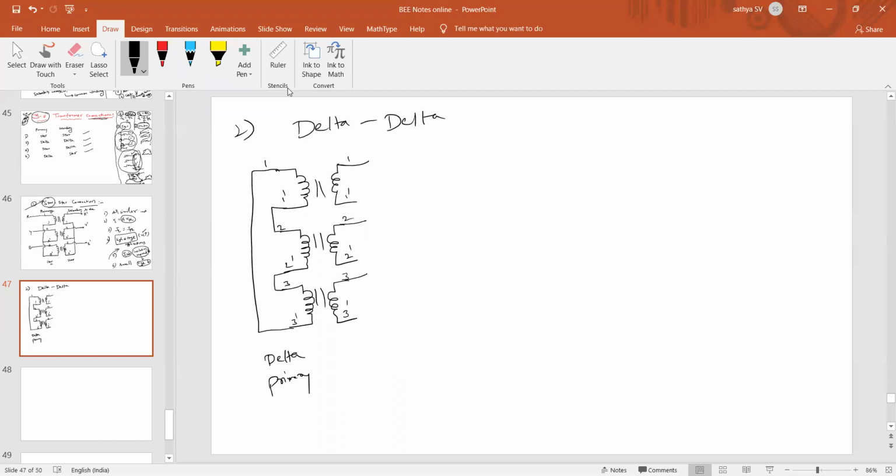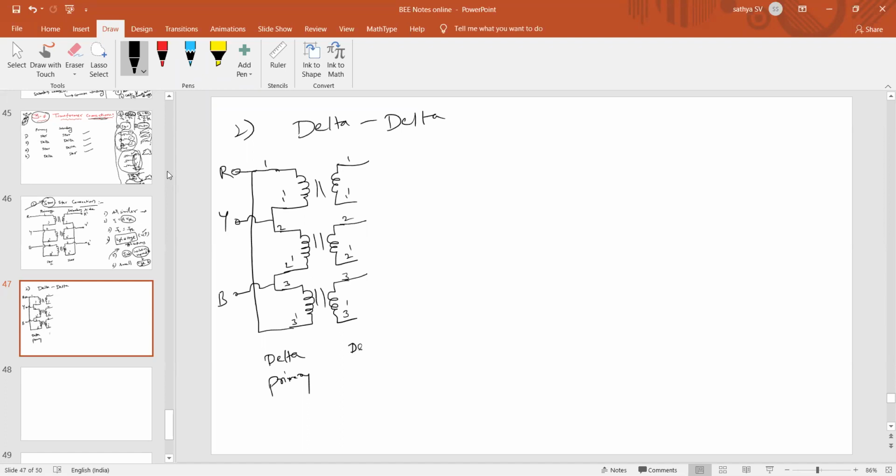Clear? Now just drag these points outside. This symbol indicates that there is no direct connection between these two wires. See here, there is no direct connection. This is your R, Y, B.